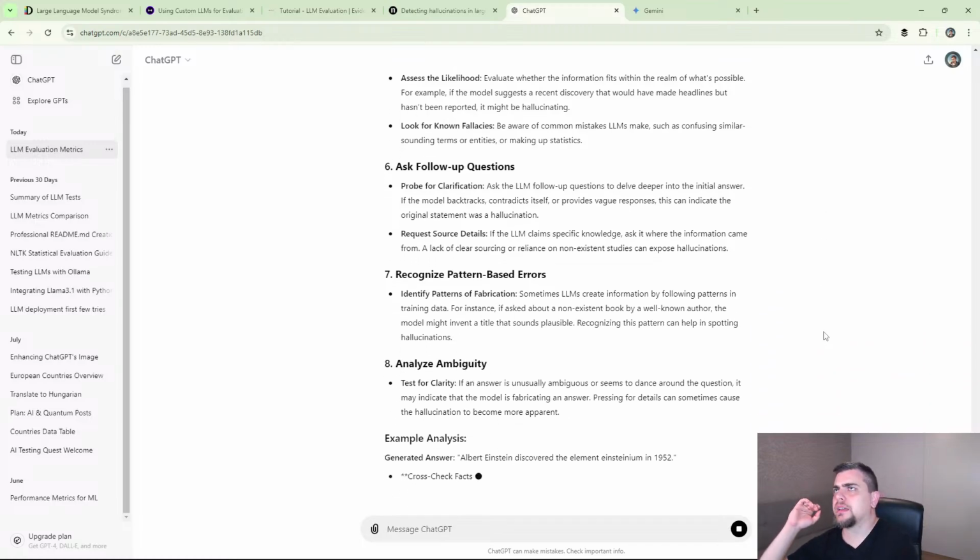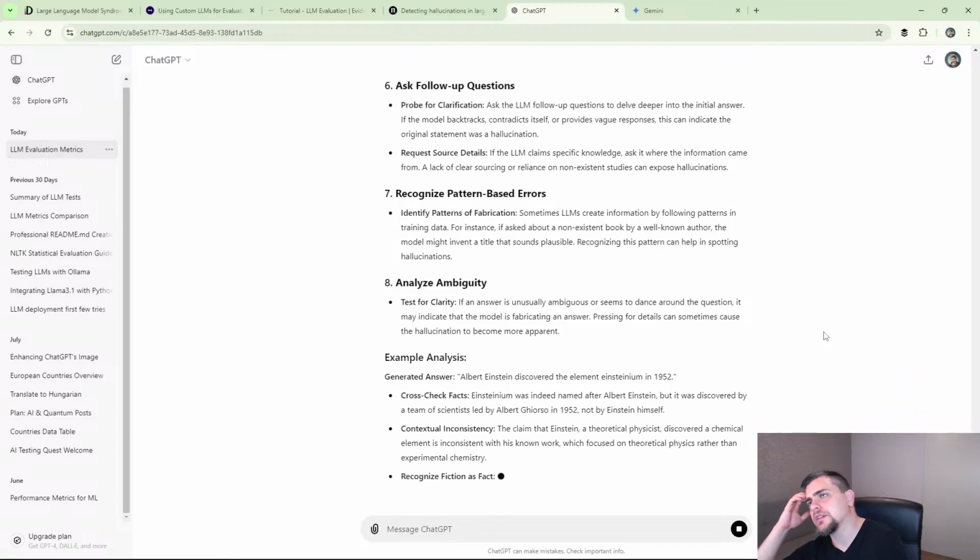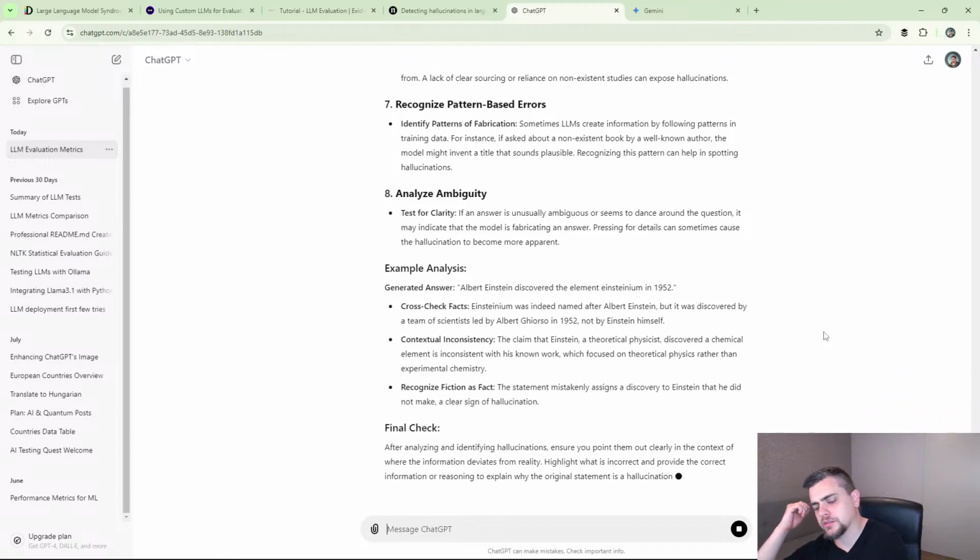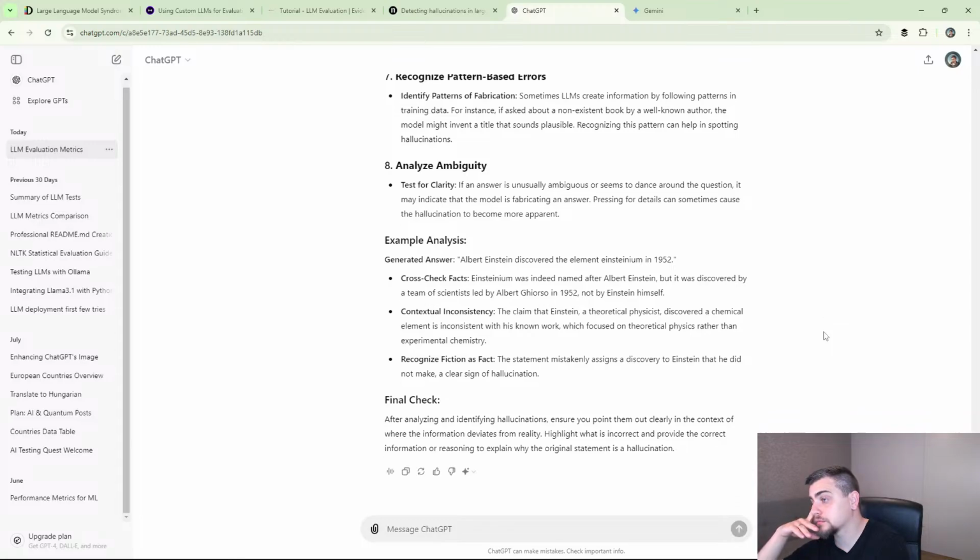Because how can I check the ability of the large language model to check for hallucinations if I just do check for hallucinations? Yes. Through an example, for example. I ask this from an LLM.